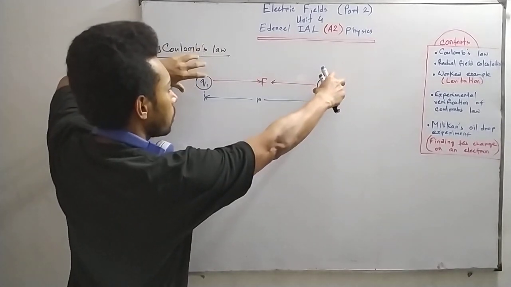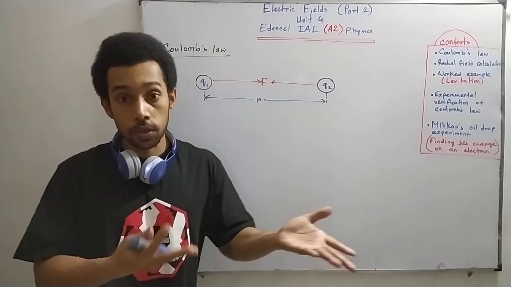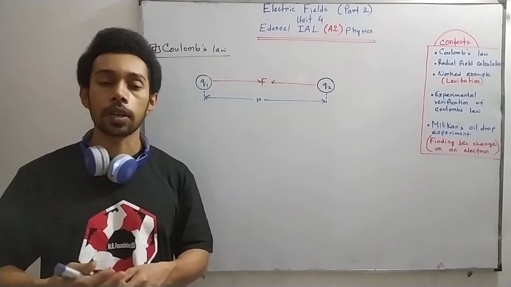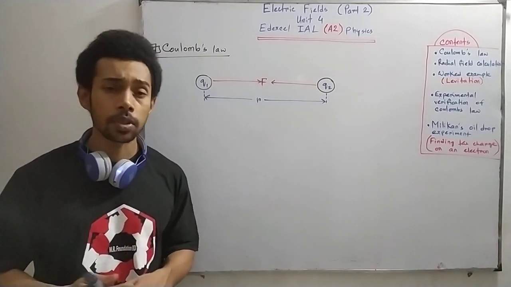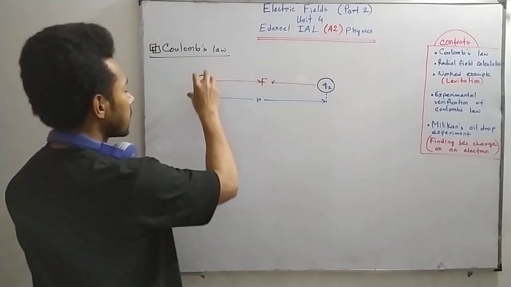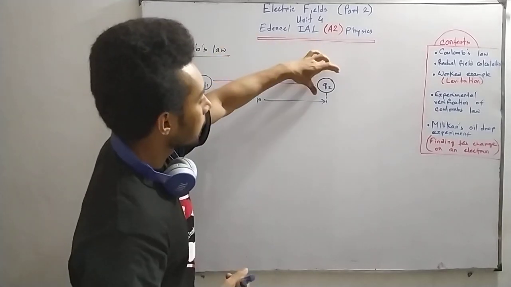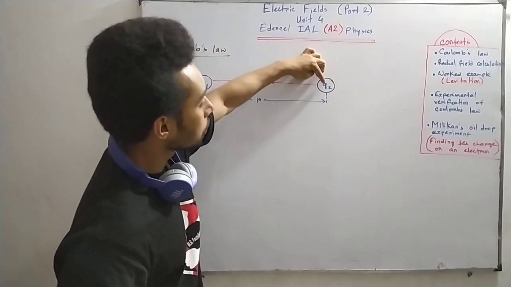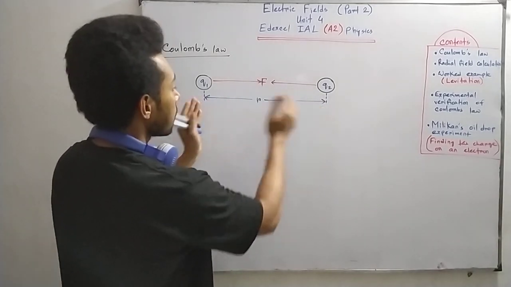These two objects may be a hollow sphere or solid sphere, or they can be two charged particles, for example two electrons, or one electron and a proton, or two protons, or two oil drops. So here is a particle or object having a charge q1 and this is another charged particle or object having a charge q2, and they have a separation r in between.